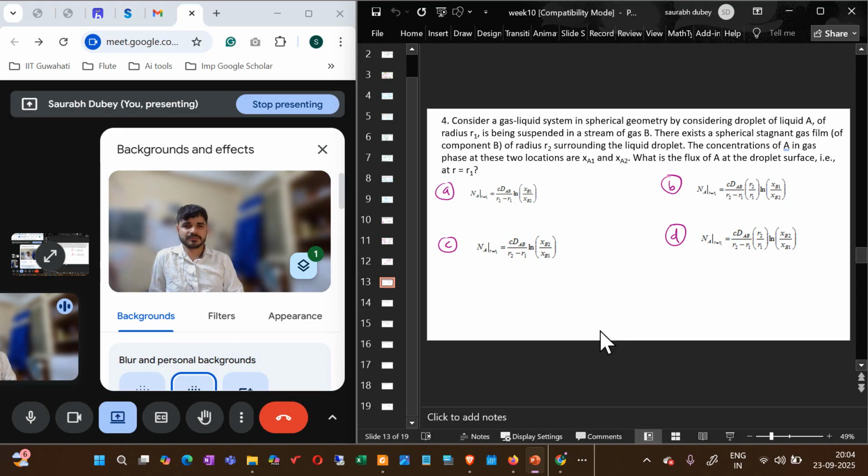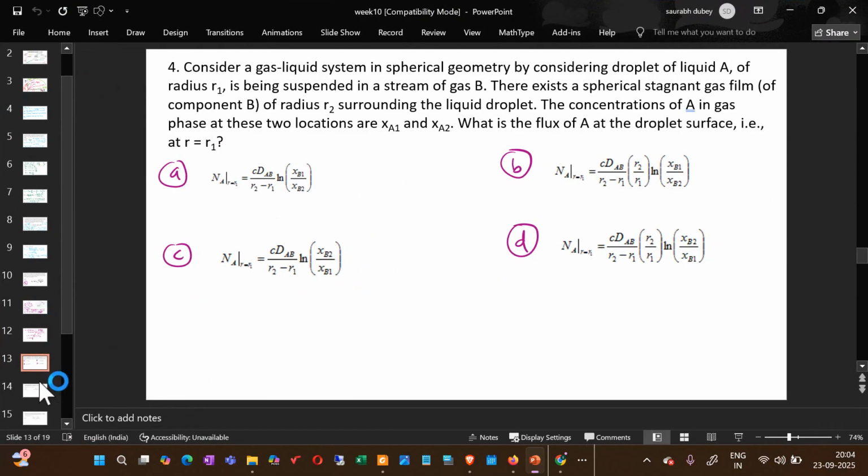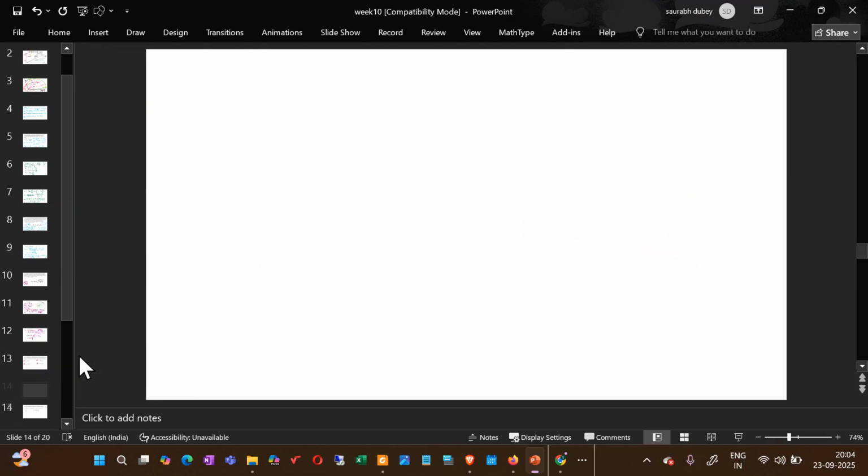Because of that, there is a stagnant gas film of B of radius R2 surrounding the liquid droplet, right? The concentrations of A in the gas phase at these two locations are XA1 and XA2. What is the flux of A at the droplet surface, right? If you solve this, let me just read it.